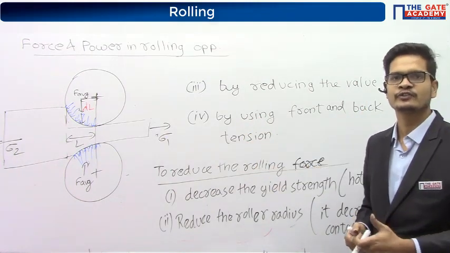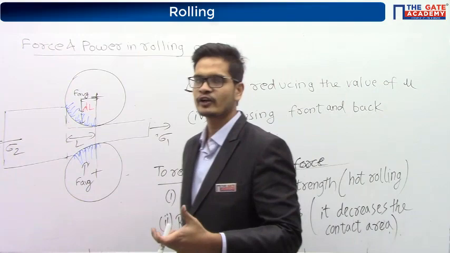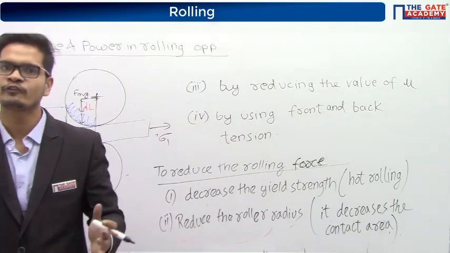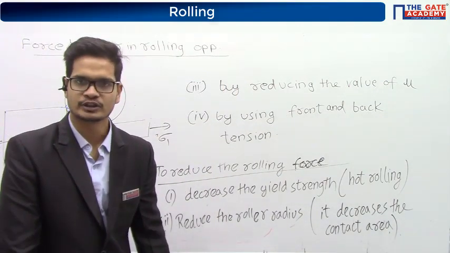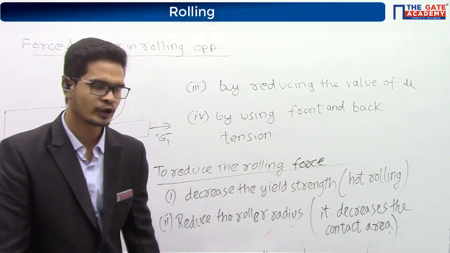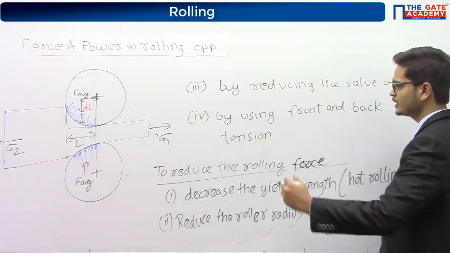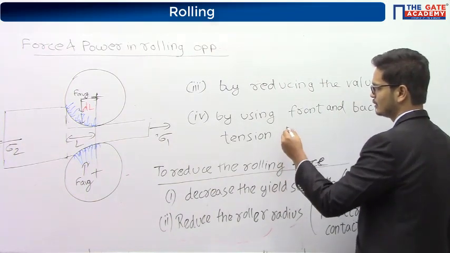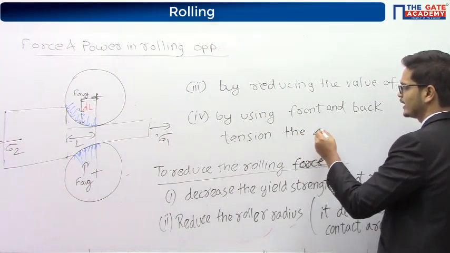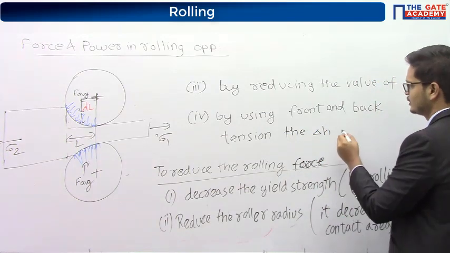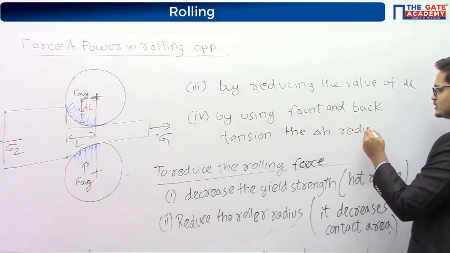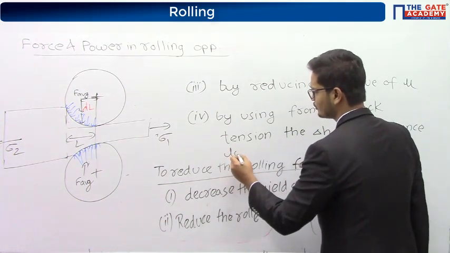The delta H will increase. When the value of delta H increases, you will have to apply lesser force. So by using front and back tension, the delta H reduces. Lesser force will have to be applied.